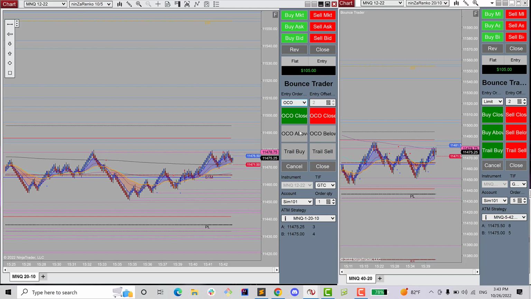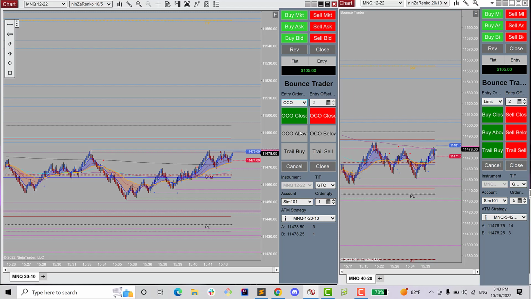And basically with OCO close, we're saying that however the bar closes, open an order in the direction of how the bar closes. So if the bar closes bullish, you open a buy order. If the bar closes bearish, you open a sell order.